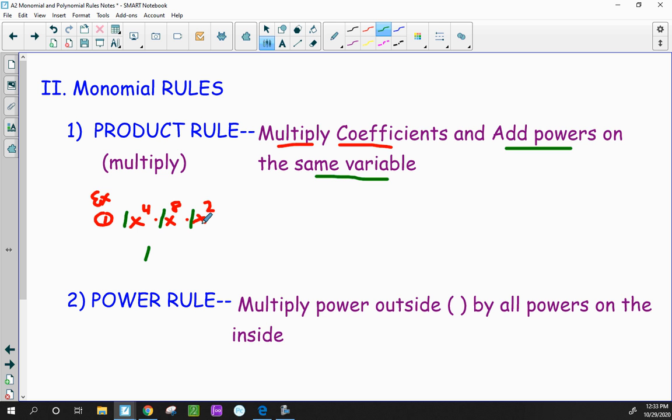All of these have x's, so now we're going to add 4 plus 8, which is 12, plus 2, which is 14. So 1x to the 14th is the answer to that question. Okay, number 2.